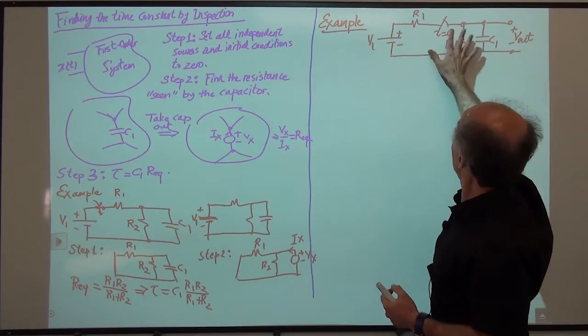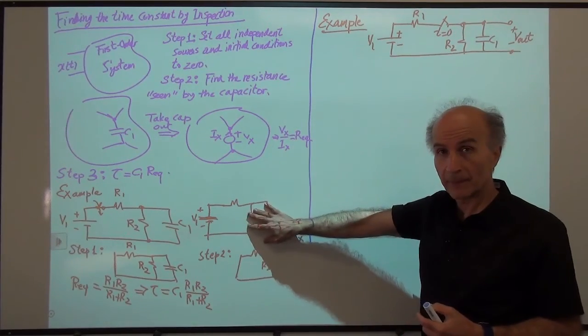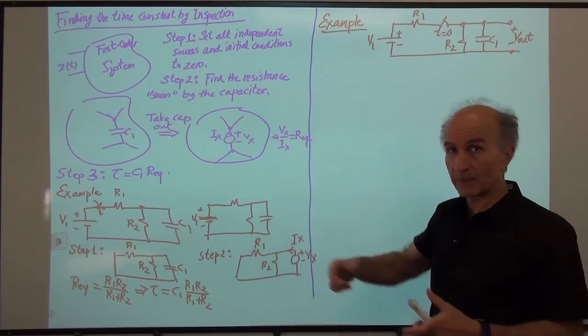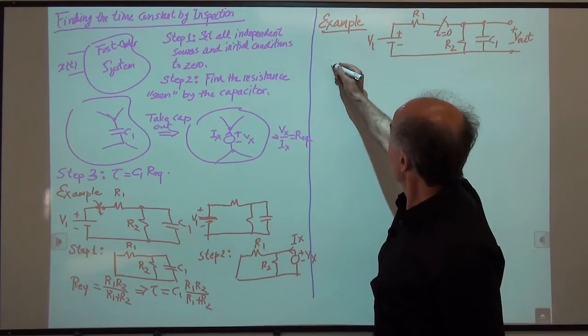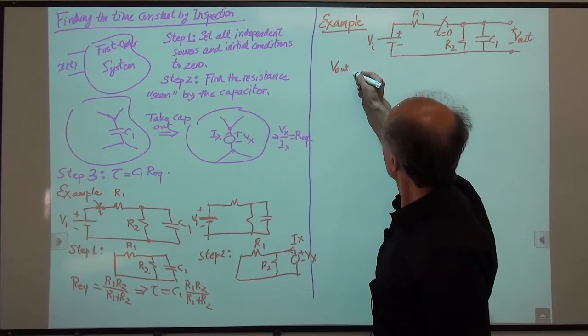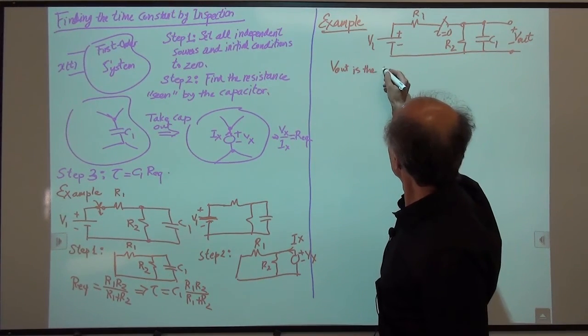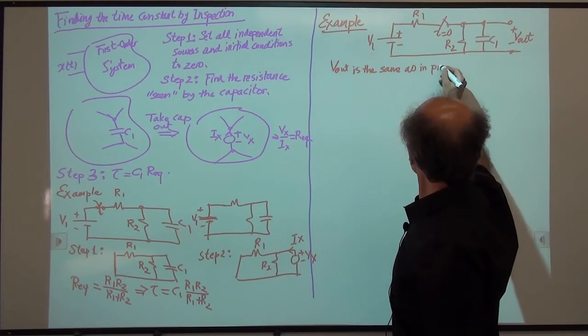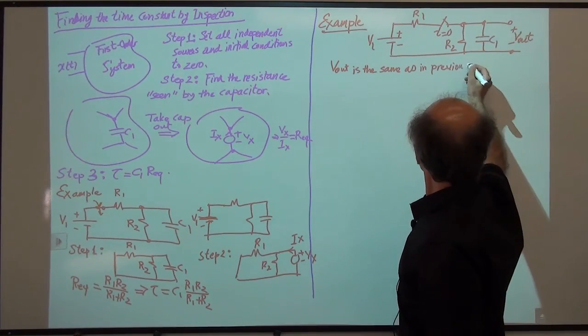Because this is a wire. This circuit looks exactly like that. So V out in this case is exactly the same as V out in this case, right? So I can say that V out is the same as in previous example.